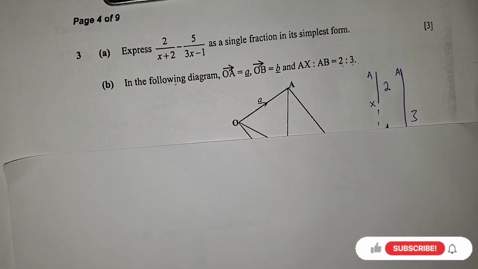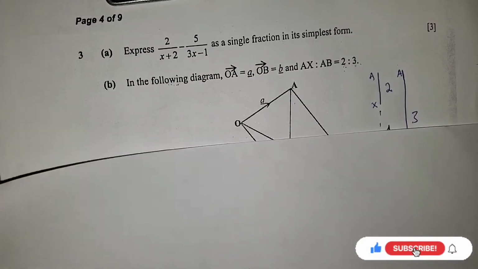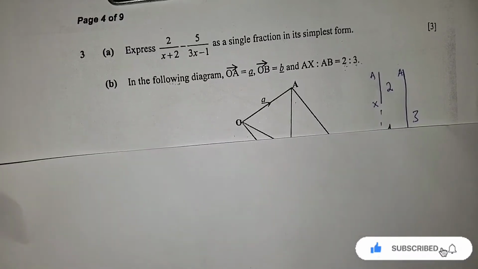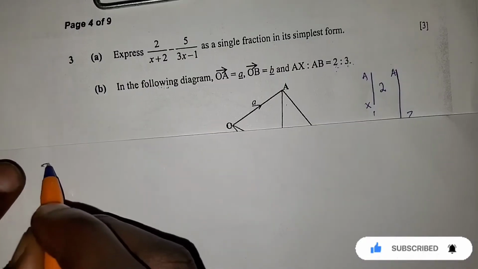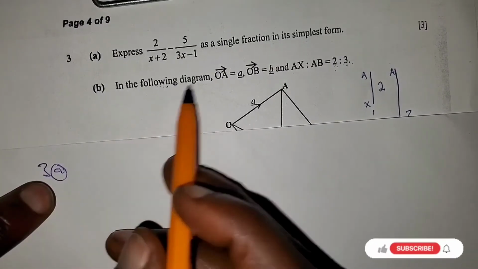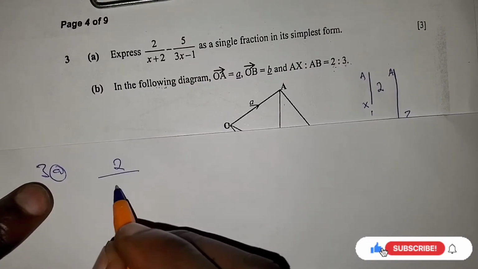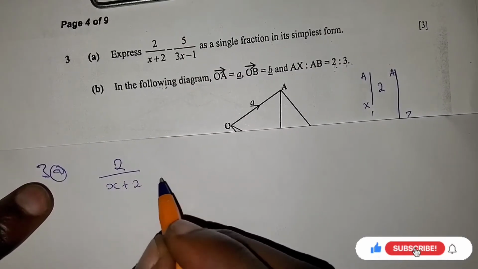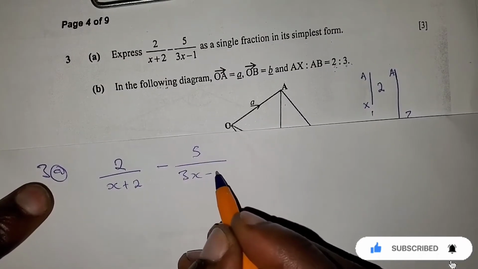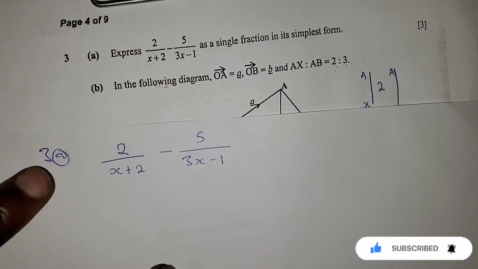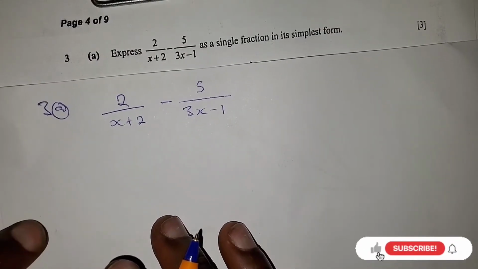Question 3A. As you'll notice watching this video, I started with 3B, then we go to 3A for a reason. Here, this is an algebraic question. We're asked to express 2 over x plus 2 minus 5 over 3x minus 1 as a single fraction in its lowest terms.